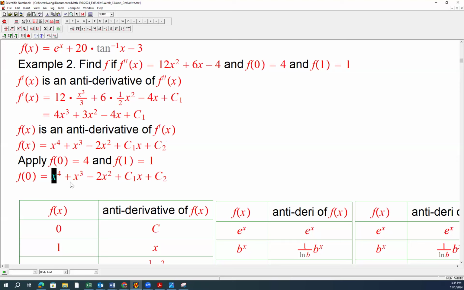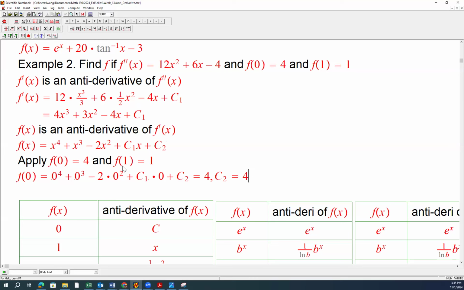So this is 0. Every x is replaced by 0, right? And this is replaced by 0. And f of 0 equals 4. So from this equation, you can see we get a bunch of zeros. So this will lead us to c sub 2 equals 4.